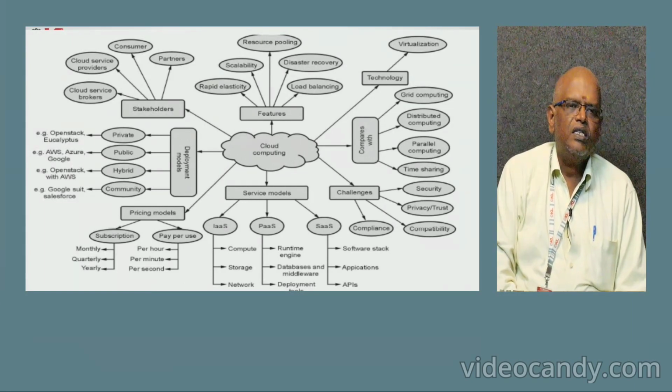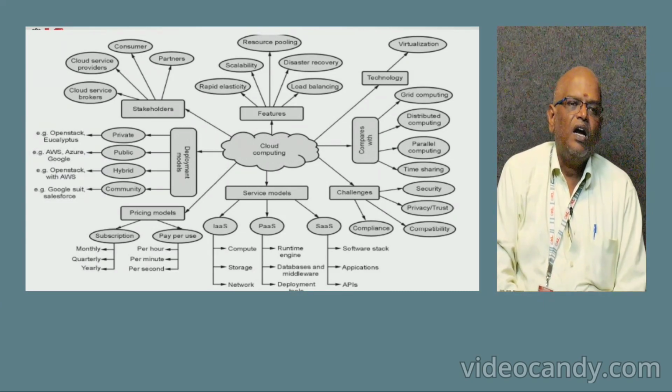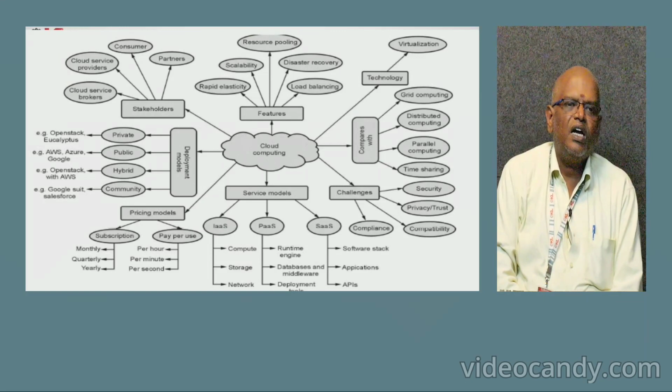Then partners: the service partners are available to give the service to the consumer. And then intermediate service providers, that is, the cloud service brokers. They are intermediate service providers between the cloud service providers and the consumer.